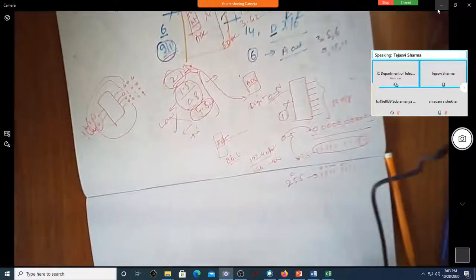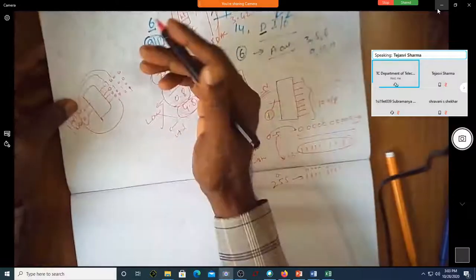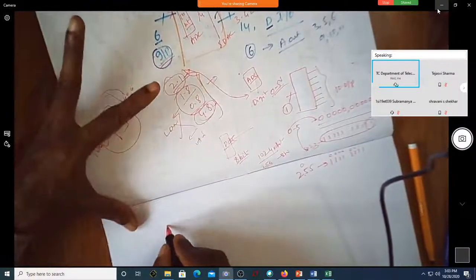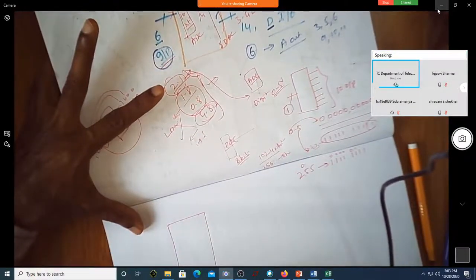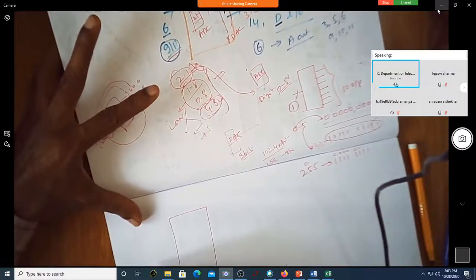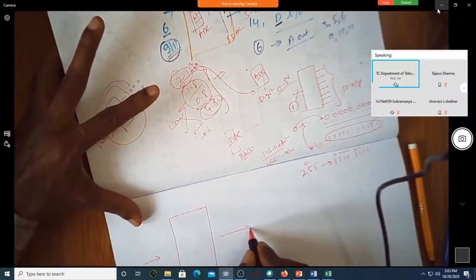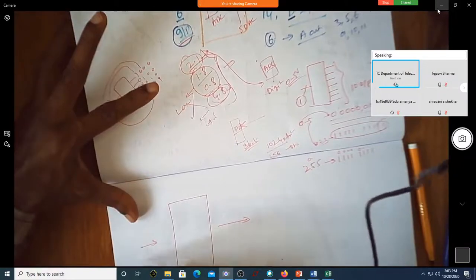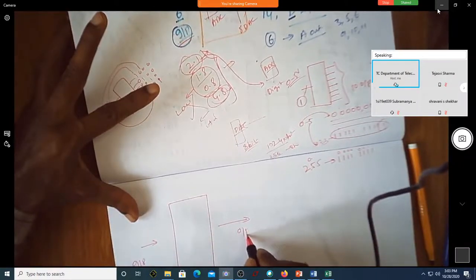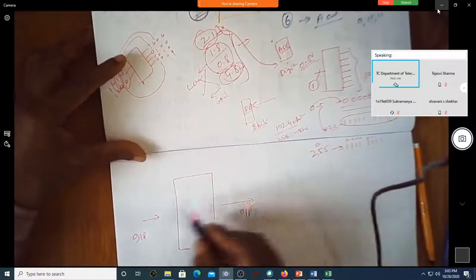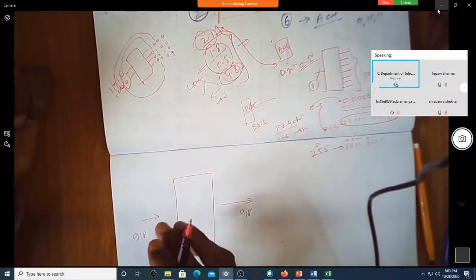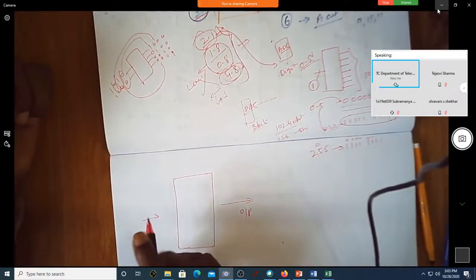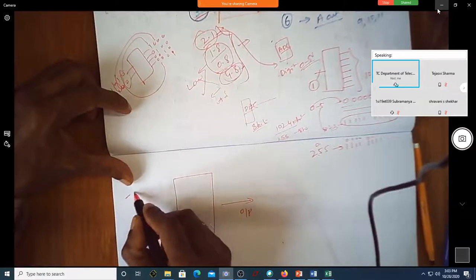Now we know that this is an interface for the input, and also you want to write something onto output. This is input, this is output. So what are the possible inputs? Input can be a button, correct?